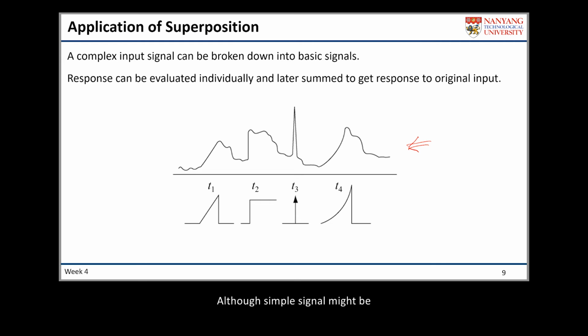Those simple signals might be a linear signal, the first one, or a constant signal, a step signal, or an impulse signal, or it can be a parabolic signal. So if you combine these simple signals accordingly, you will be able to approximate any arbitrary signal. Based on these two superposition principles, we can have an answer to our first question on how to assess the performance of a dynamic system.